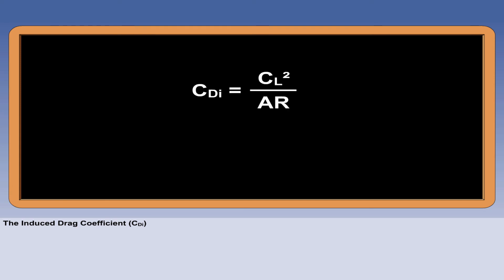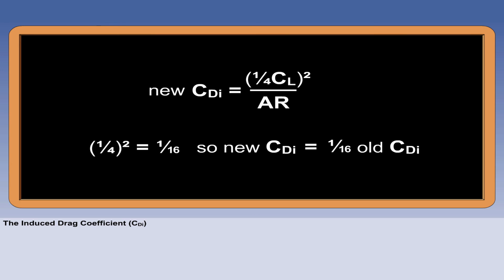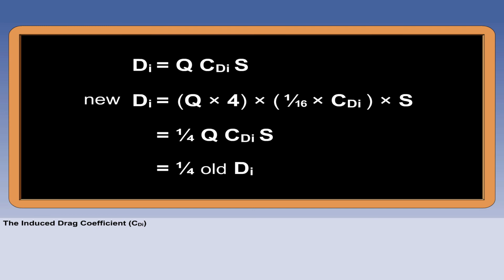If we apply 1/4 of the previous CL to the CDI formula, then the new CDI equals (1/4 CL) squared over AR. And as AR is constant, CDI equals 1/4 squared, or 1/16 of the previous CDI. If 1/16 of the previous CDI is applied to the induced drag formula, we get induced drag equal to 1/4 of its previous value.